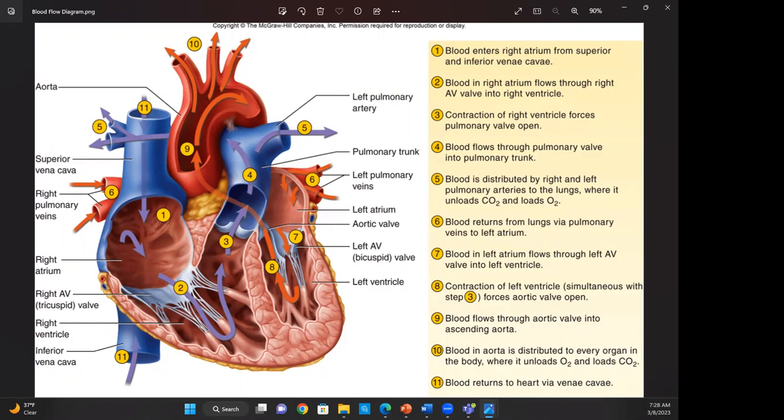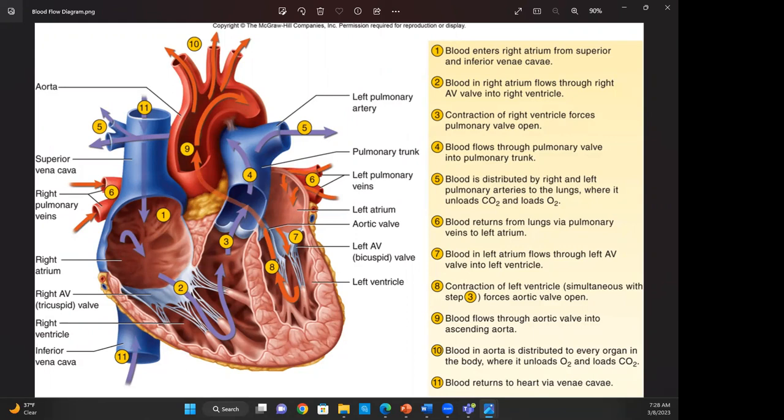The heart itself is divided into two halves, left and right, by a muscular septum. I like this diagram because it shows you the flow of blood through the heart. Deoxygenated blood comes through the vena cava. We have the superior and inferior vena cava, and those are the largest veins in the body. Superior means above the heart, inferior, below the heart.